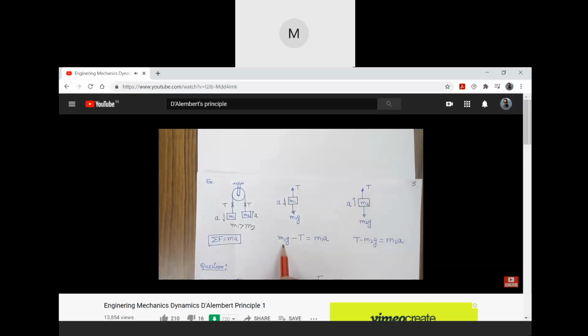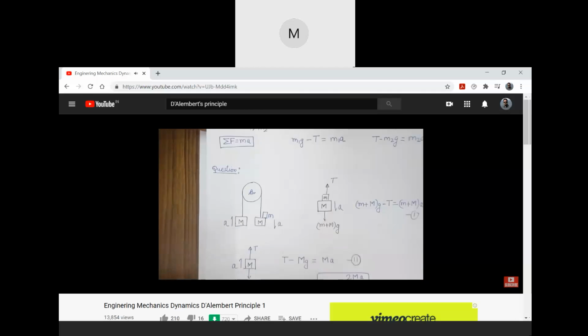If I write the equation of motion considering the D'Alembert principle, the direction of motion will be positive, so M1G will be positive and T will be negative. So my equation will be M1G minus T, balanced by M1A. Similarly, in the second case, the mass is moving upward, so T will be positive and M2G will be negative, so T minus M2G is equal to M2A.